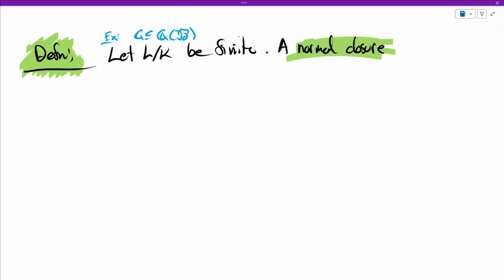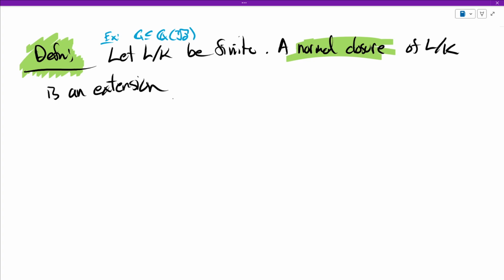But we can normalify it. So what does that mean? Well, it's called taking a normal closure. A normal closure of the extension L over K is an extension of what? Well, L doesn't have enough in it if it's not normal, right? We're missing some of the roots of some polynomials.